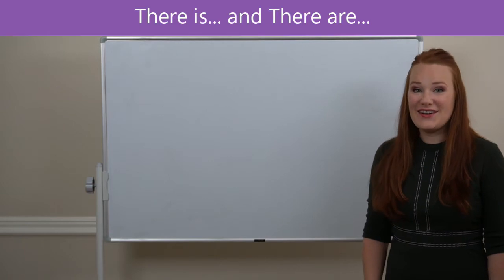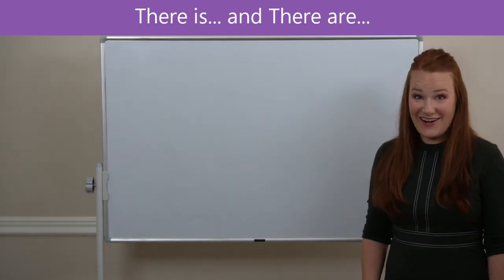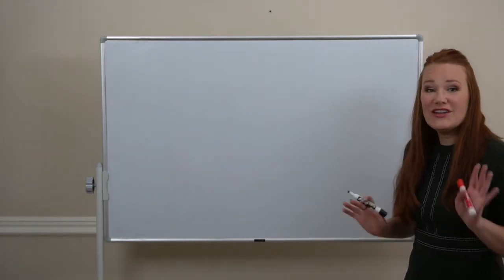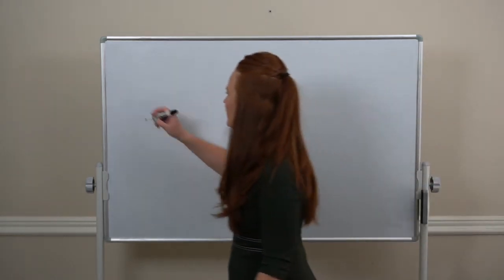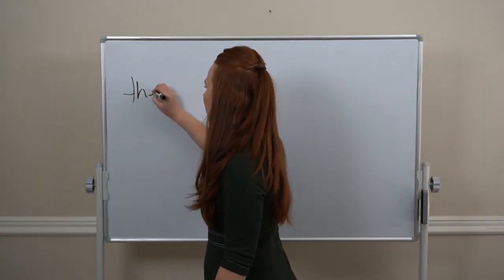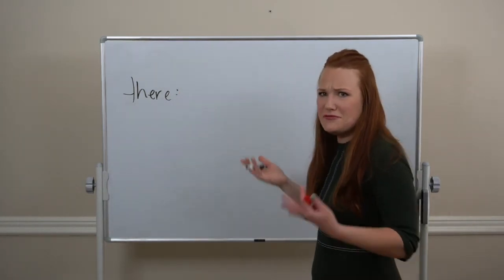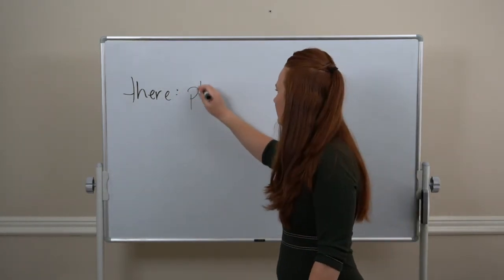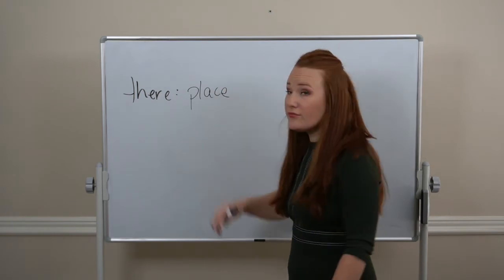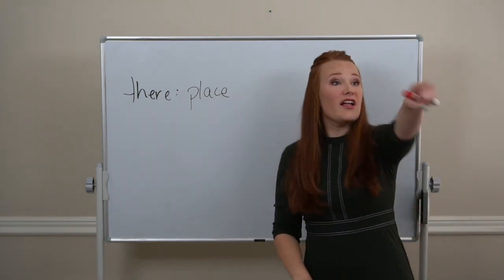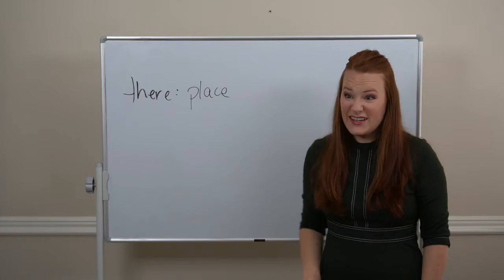Today, let's break down there is and there are. So, normally, when you use the word there, you're talking about some kind of place. Where's my bike? Oh, it's over there. It's there.